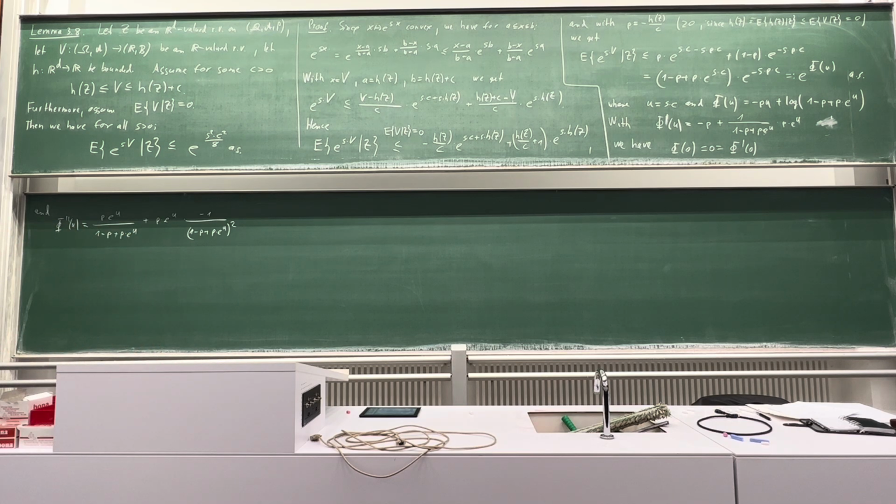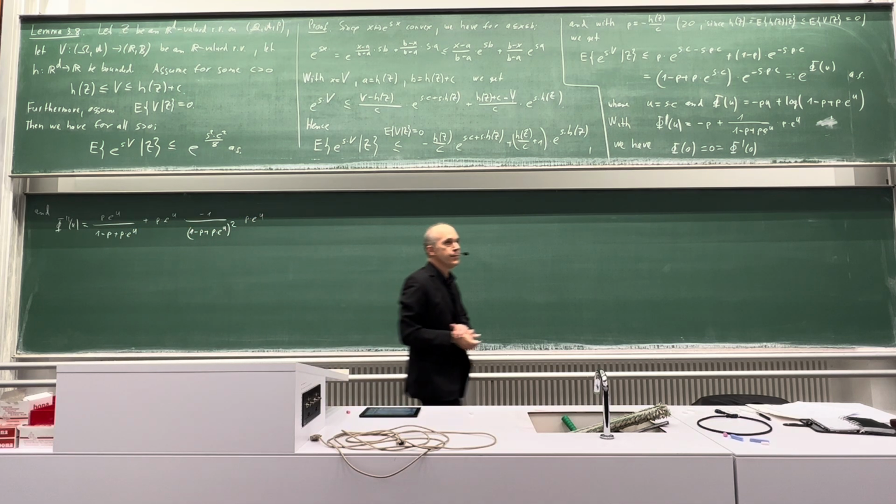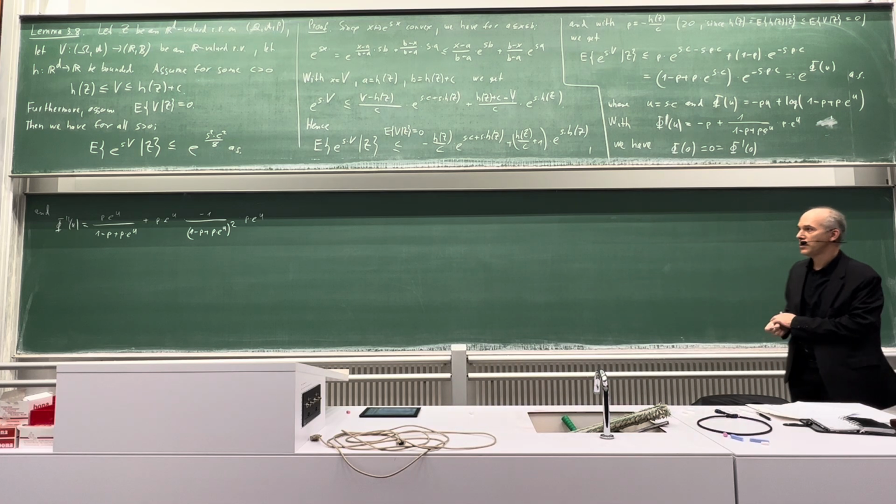Then you multiply with the inner derivative, which is just p times exponential u. So we got this one.